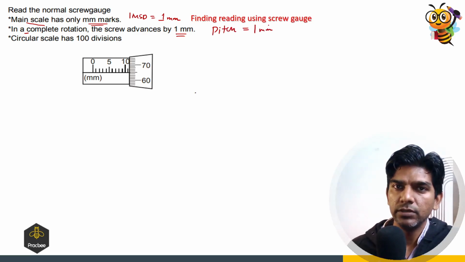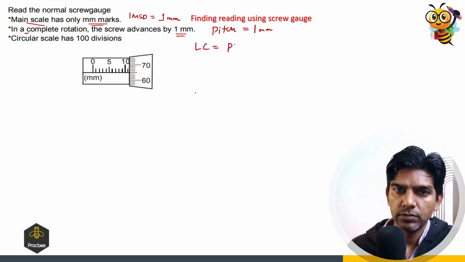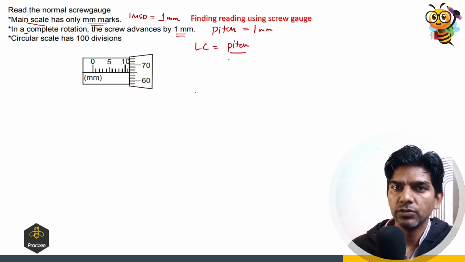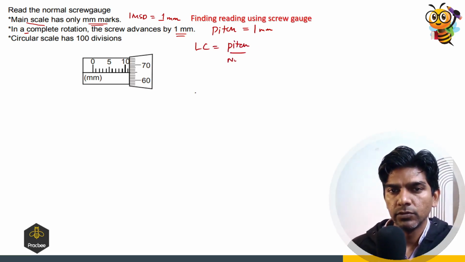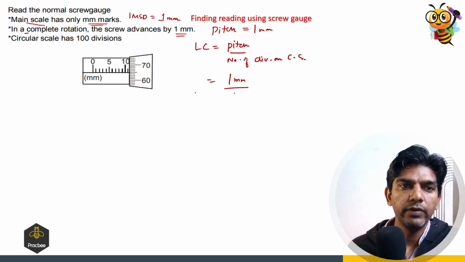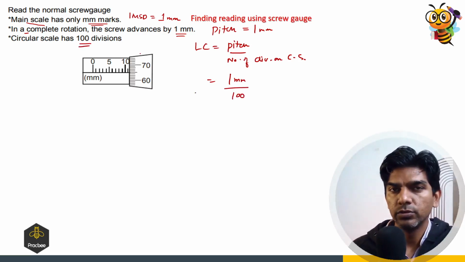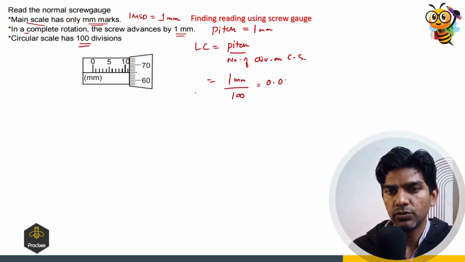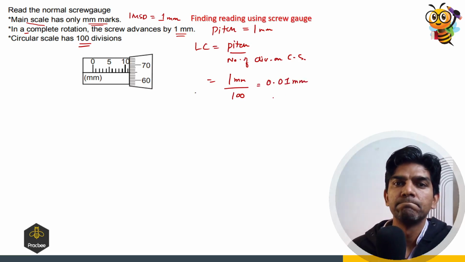So least count is pitch divided by number of divisions on the circular scale. So there are 100 divisions on the circular scale, so 1 millimeter divided by 100 comes out to be 0.01 millimeter.